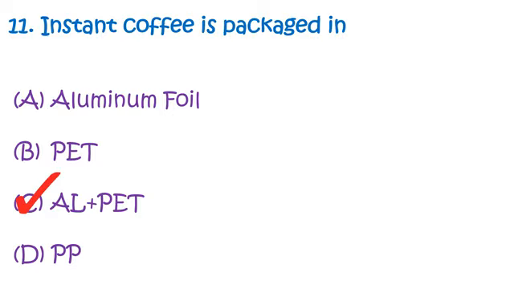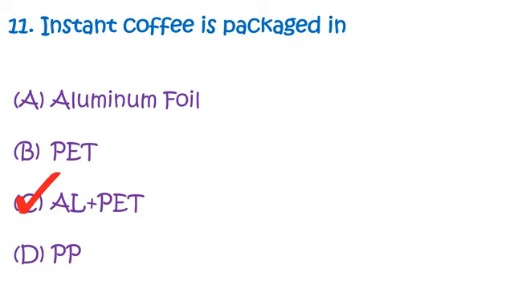And the PET gives strength to the packaging material. So if we combine both, that is aluminum plus PET, then it gives high strength, surface hardness and also resistance to oxygen as well as the other soluble gases.